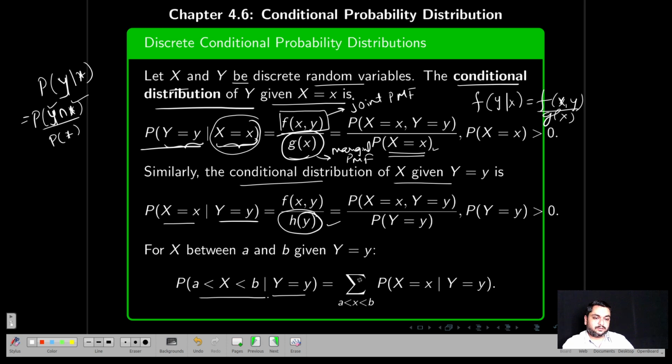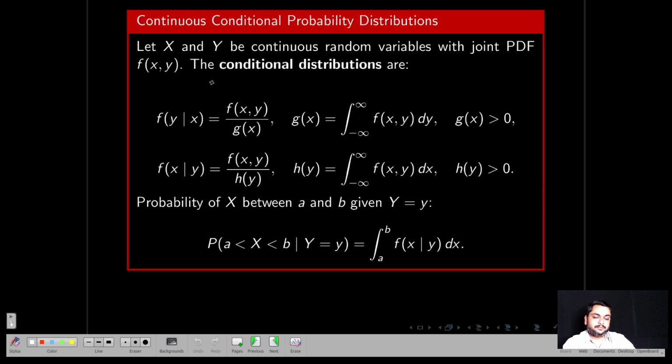It is the summation in that interval. See what is fixed here? y is fixed. So you have to add over the values of x in the specific interval ab. In that interval ab, whatever points you get, you add over the values of x by fixing the y value. Once you see the example, you will understand.